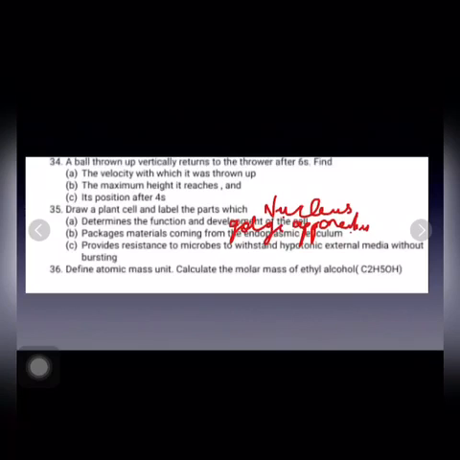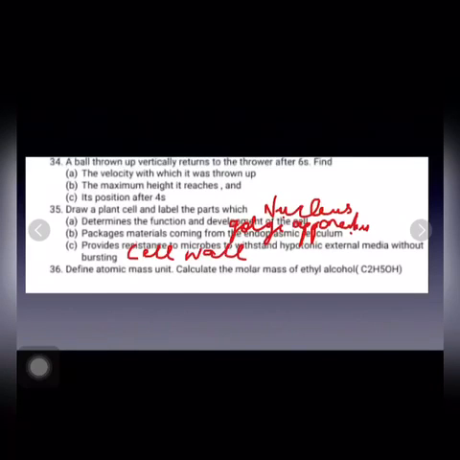So this is cell wall. Cell wall basically provides resistance to all the foreign bodies entering inside the cell. So in this particular question, draw the neat and clean diagram of the plant cell, and especially you have to mention these 3 parts. These are important.